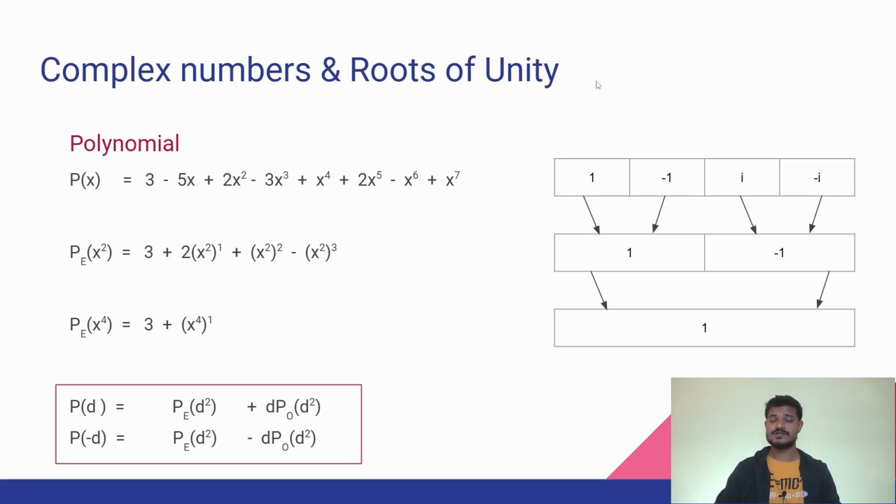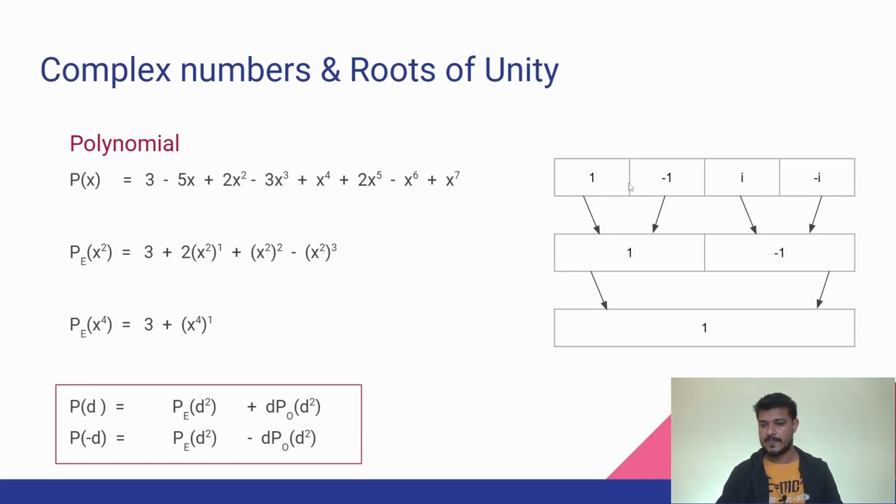So instead of using plus minus 1, plus minus 2, plus minus 3, we are going to utilize complex numbers, right? So you remember we were not able to go to the third level, but here we will be able to. Let's say I wanted to evaluate this only on 4 different values. I will evaluate this polynomial on 1, minus 1, i, minus i, where i is the imaginary number.